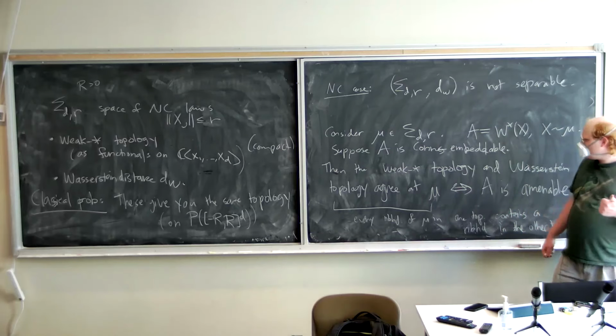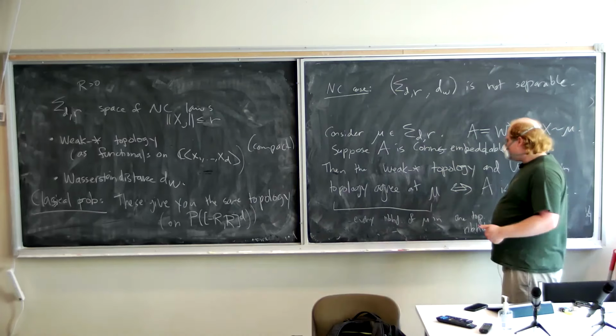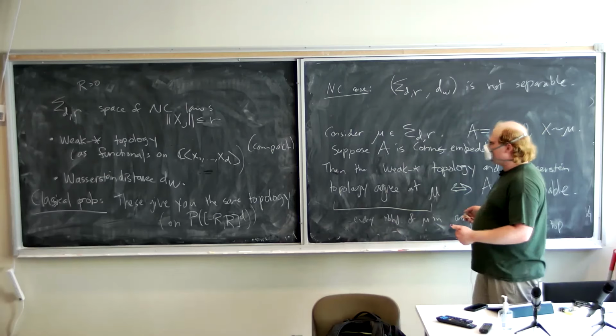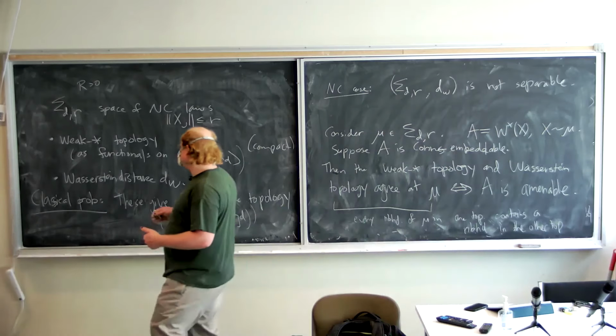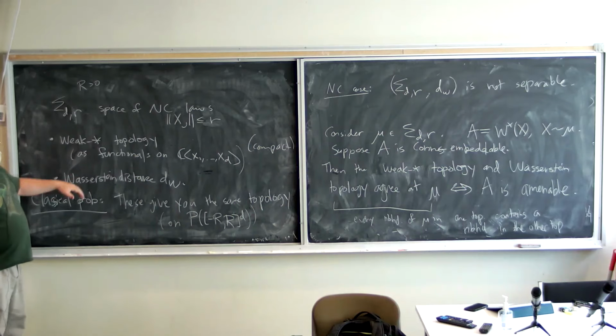Right, it's the same kind of phenomenon underlying this thing. First of all, the Wasserstein distance gives you a stronger topology than the weak star topology, so the non-trivial direction is saying that if you have something that converges in weak star topology, then it converges in Wasserstein distance.